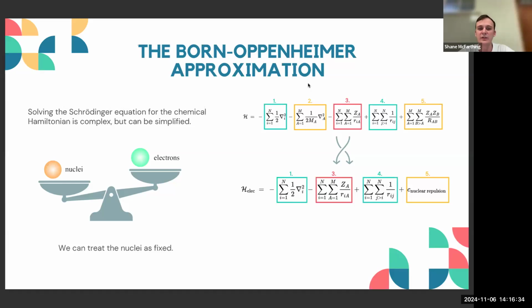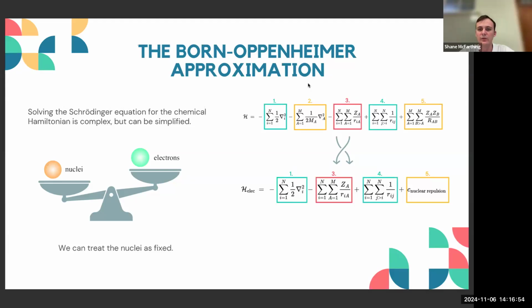Now, the motivation for this is that when we're studying the motion of both the nuclei and also the electrons, the nuclei weigh a lot more than the electrons that are moving around. And as a result, they move a lot slower. So slowly, in fact, that we can treat them as fixed point charges.